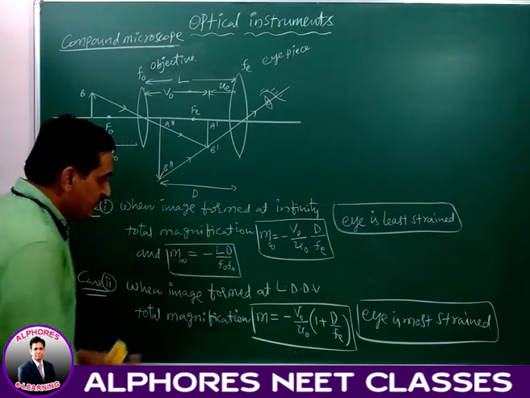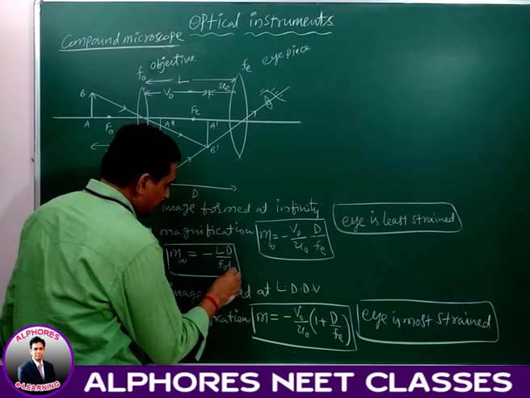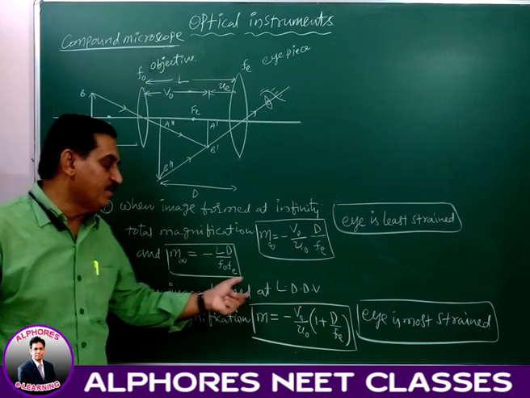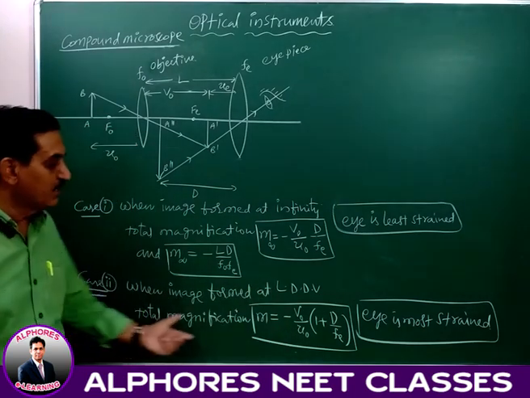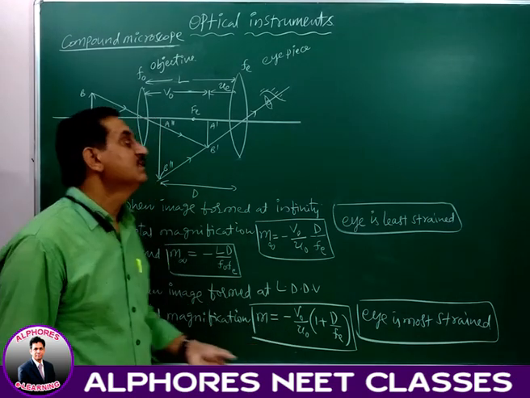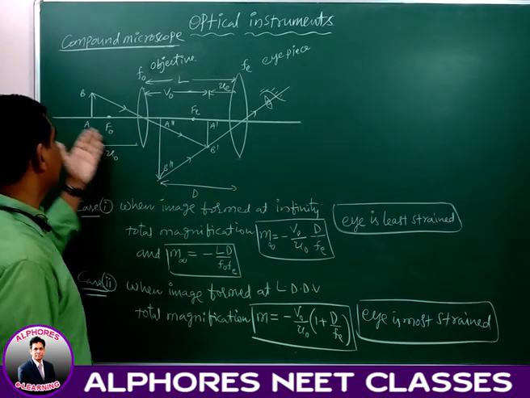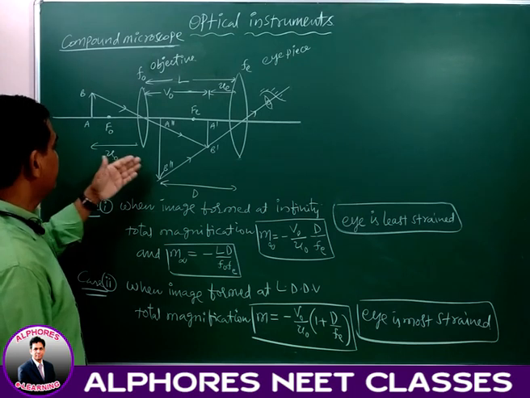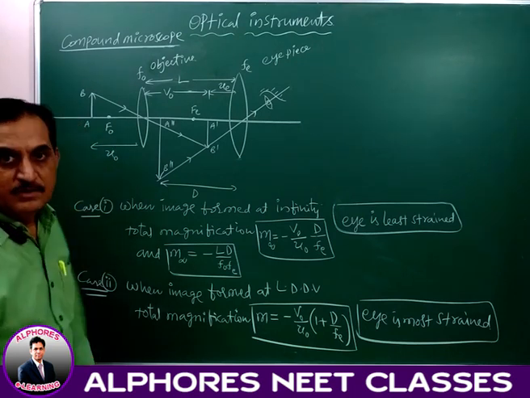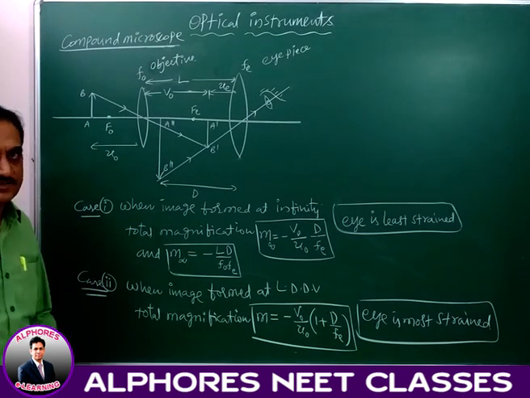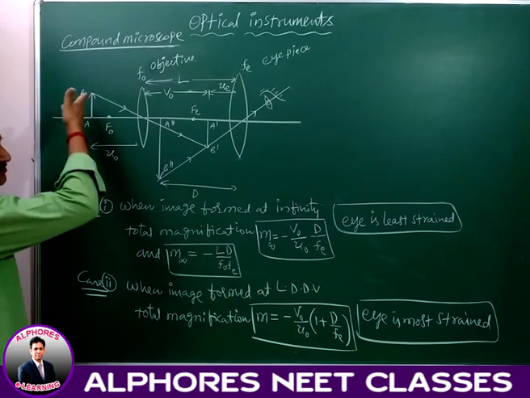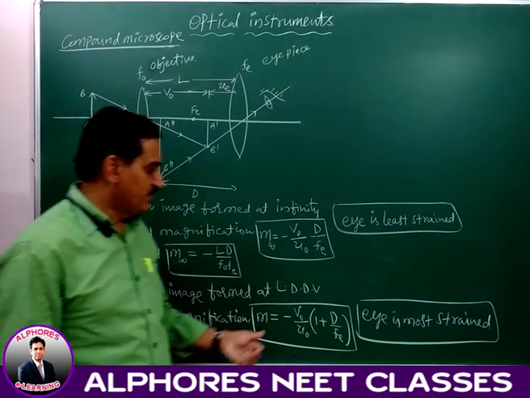Then this is the formula with F naught Fe, with a negative sign. So case 2, when the image is formed at LDDV, the total magnification formula we know, but it is negative again because the final image is always inverted relative to the actual object. Comparing these two, definitely it is reversed. Therefore, its magnification is negative.